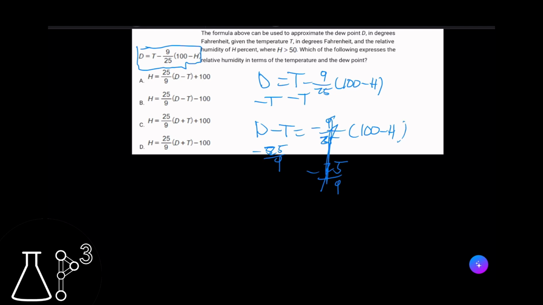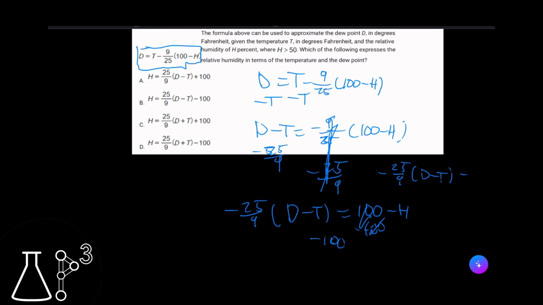And then the -25 divided by 9 is multiplying D minus T. So I have -25 divided by 9, times D minus T, equals 100 minus H. Now I move 100 to the left side, so we subtract 100 on both sides. This cancels out, and I'm left with -25 divided by 9, times D minus T, minus 100, which equals -H.